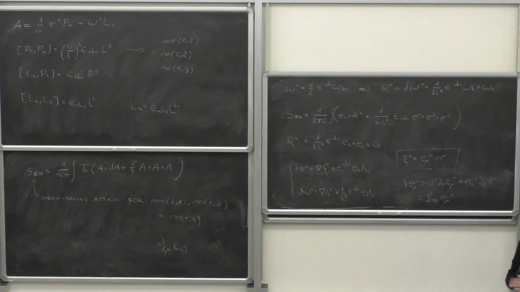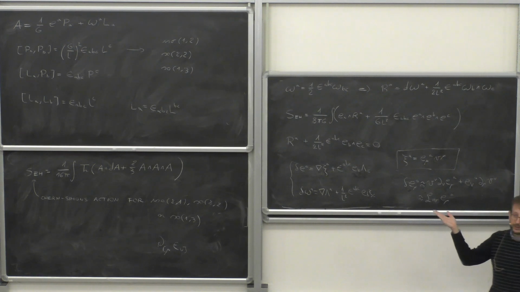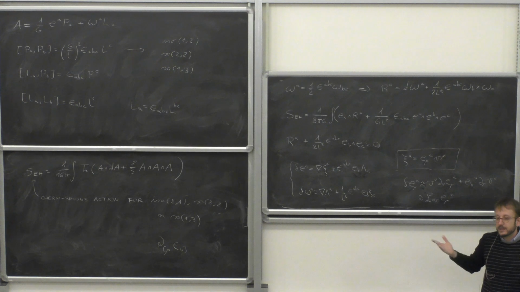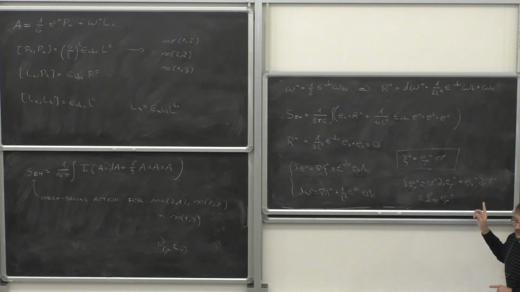There are also excellent reviews you can look at if you want more details. So here everything is just bread and butter. The only price to pay is that I'm in first order formulation.